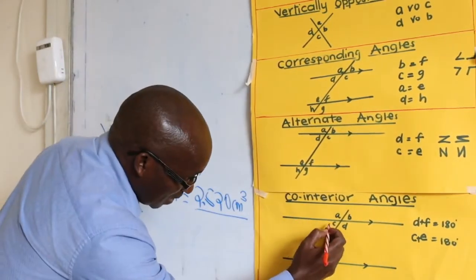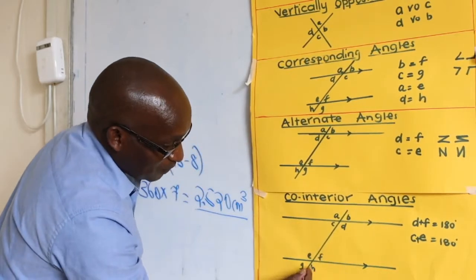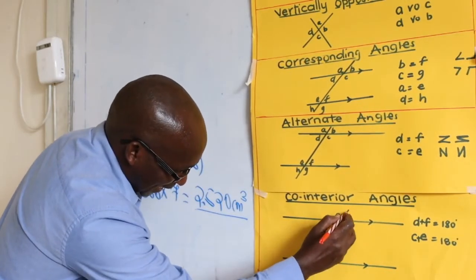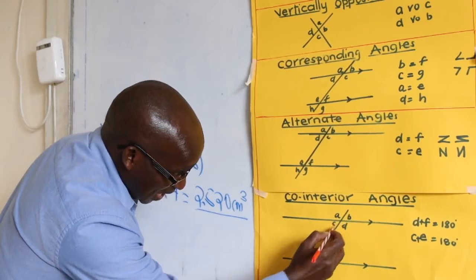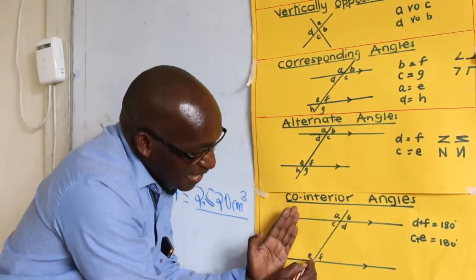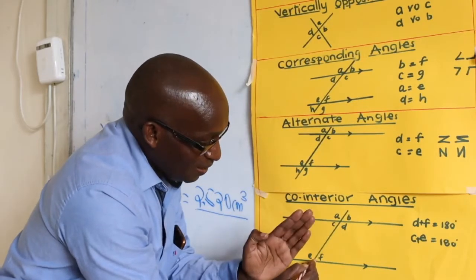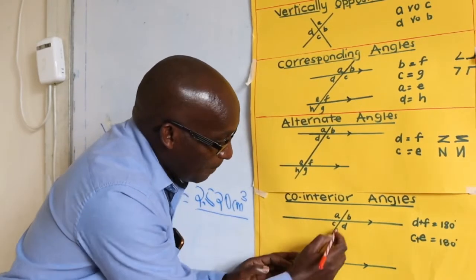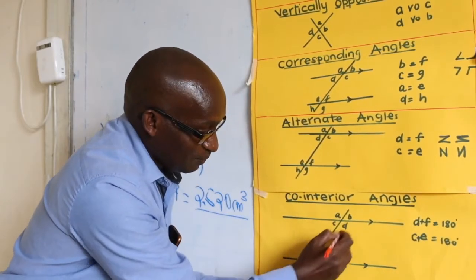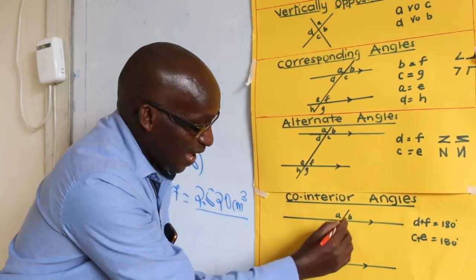For instance, these are parallel lines, these are transversal. Co-interior angles are angles on either side of a transversal, but they are inside and they are adjacent.